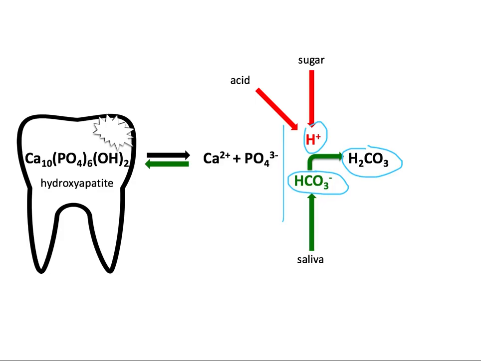The presence of bicarbonate has neutralized the pH so that the mouth is no longer so acidic, and we no longer have to pull on the tooth to fix the imbalance that the extra floating hydrogen ions was causing. So this allows the tooth the opportunity to regain its strength by reincorporating calcium and phosphate ions into its enamel.